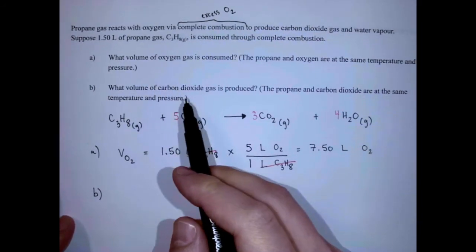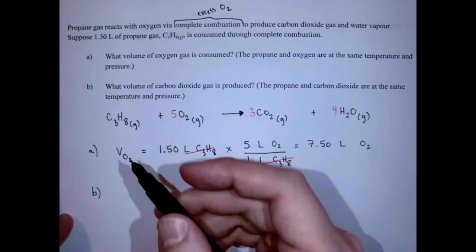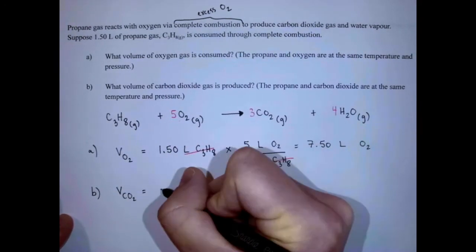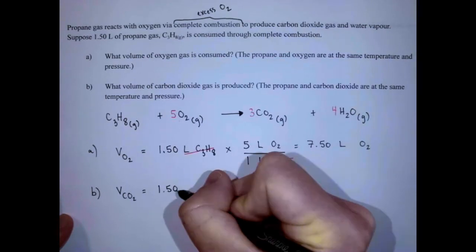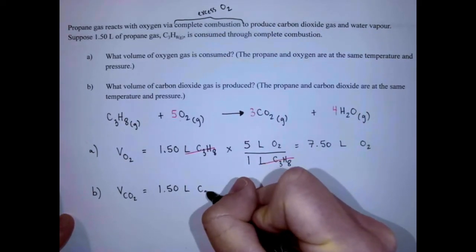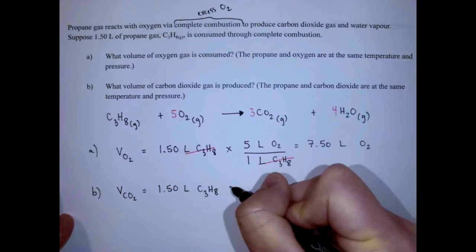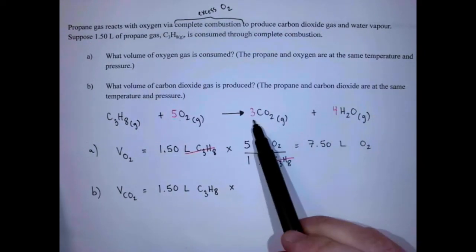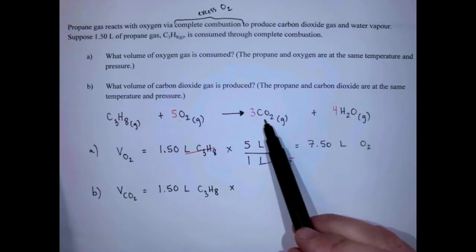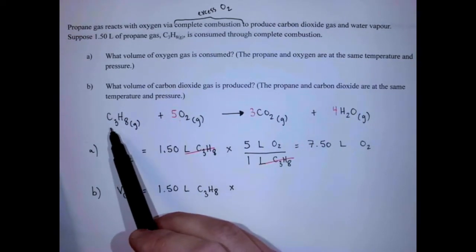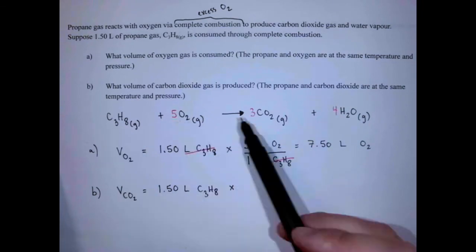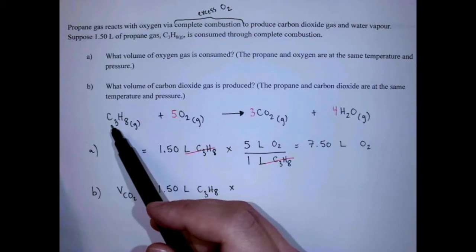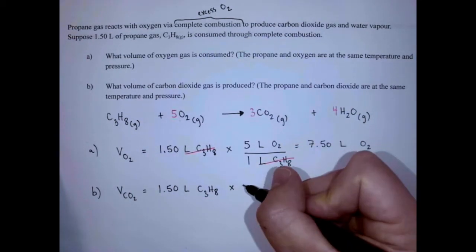What volume of carbon dioxide gas is produced? Okay, so very similar. We're just going to use a different ratio. So here we're going to ask ourselves, how much CO2 does this reaction make per 1 liter of propane? Or rather, how many liters of CO2 does this reaction produce for every 1 liter of propane?